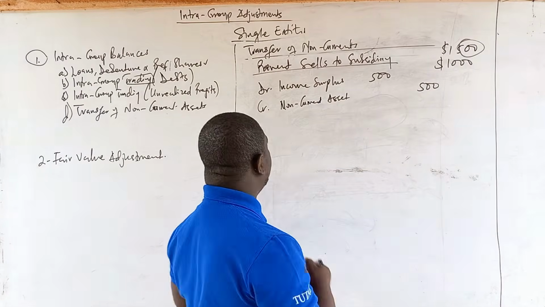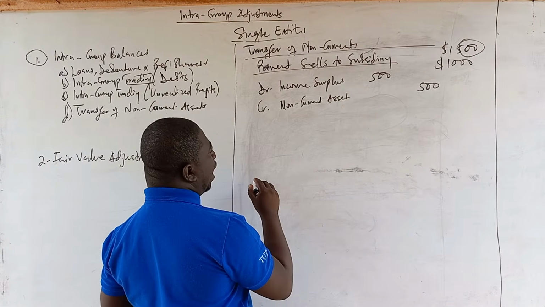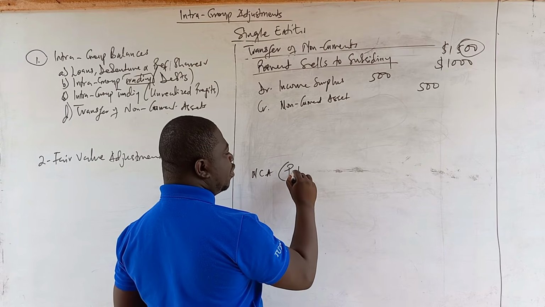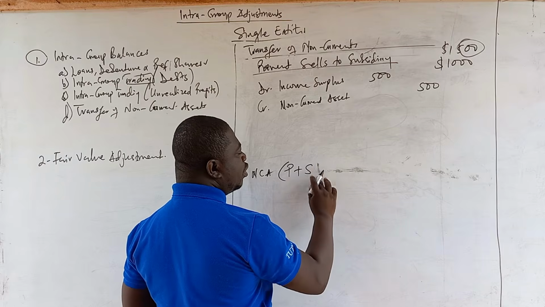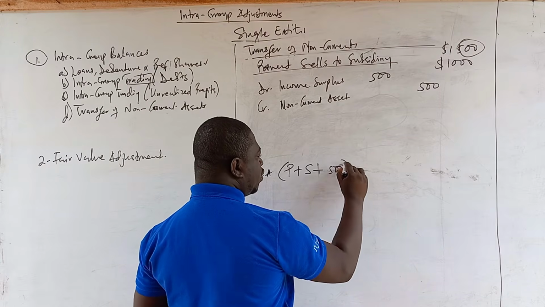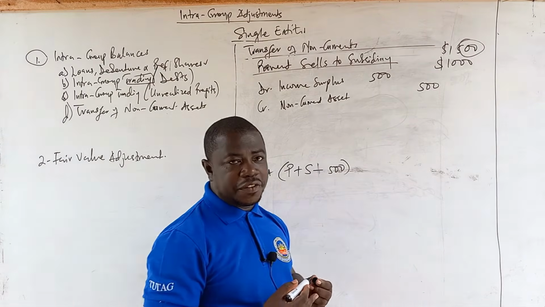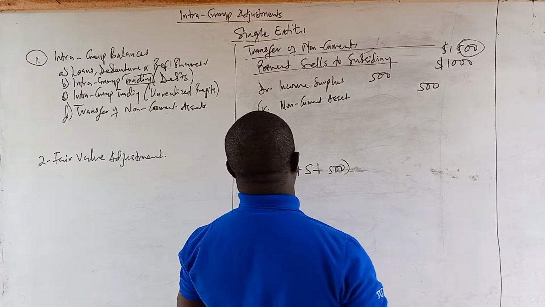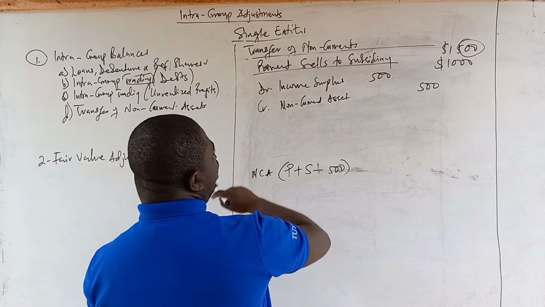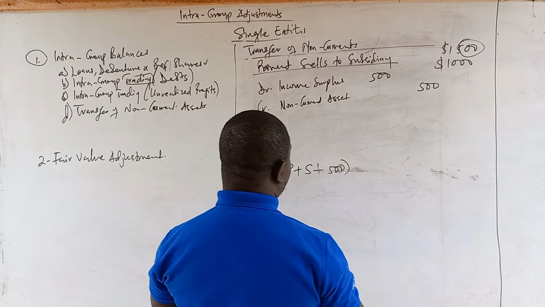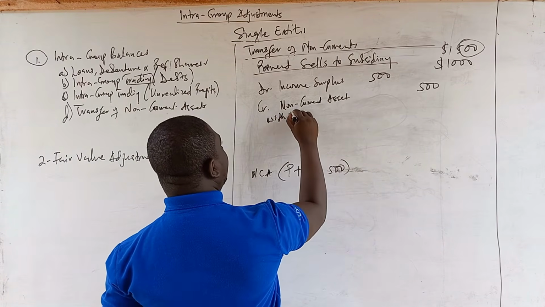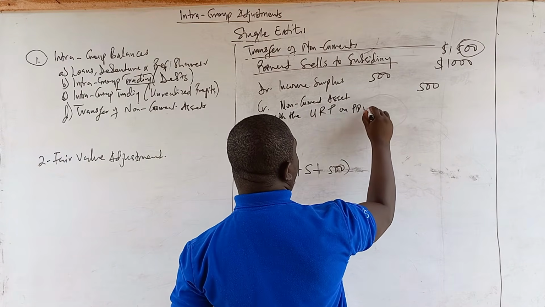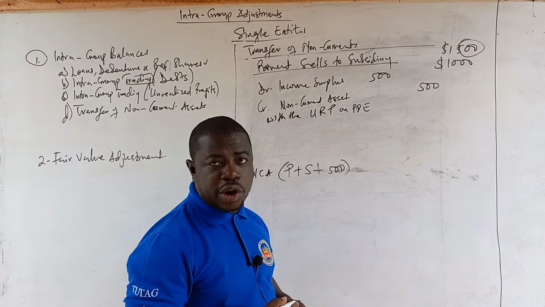When you are doing your account under non-current assets or PPE, you add that of the parent to the subsidiary, and then you subtract the unrealized profit of 500 before you bring your final figure onto the consolidated statement of financial position. So when the parent sells to the subsidiary, you debit income surplus and credit non-current assets with the unrealized profit on the PPE.